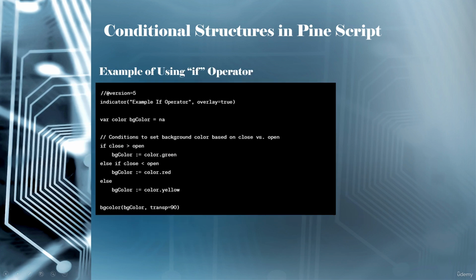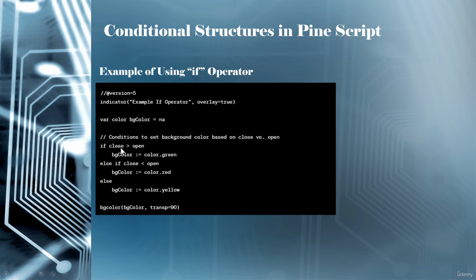Now let's review a real life example. In this example, we have an if operator used, and after the if operator, we have a condition: close bigger than open. So if this condition is true, meaning close bigger than open, then the bgcolor variable will be assigned the green color.